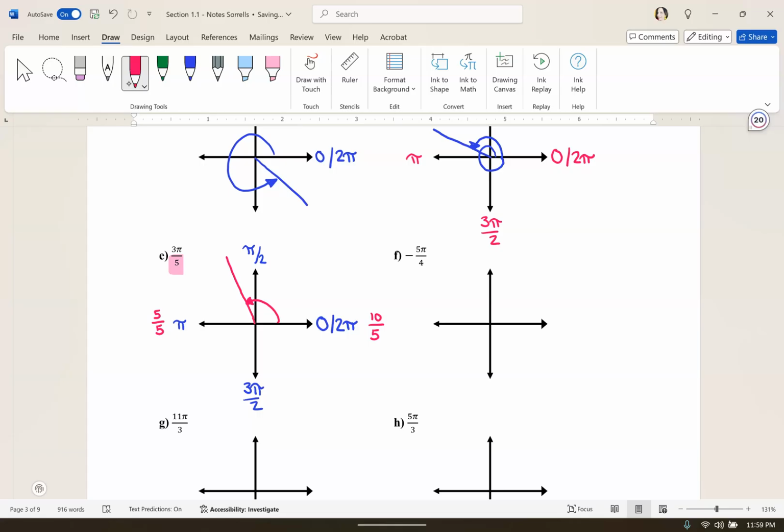Next one is a negative. So we have 0, negative pi over 2, negative pi, negative 3 pi over 2, and I'm back at negative 2 pi. Okay, notice, I'm going to kind of approach this one different. I know that this numerator is my denominator plus 1.